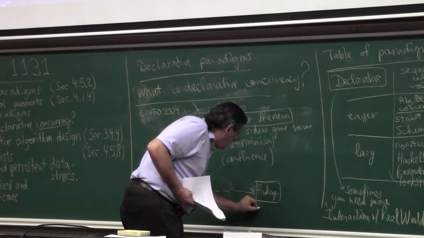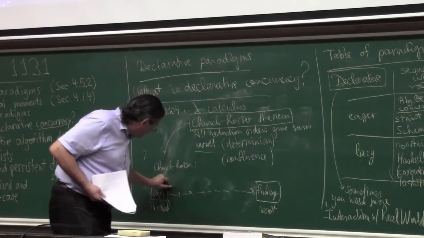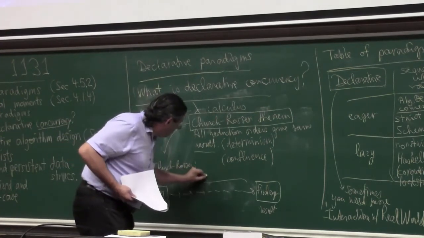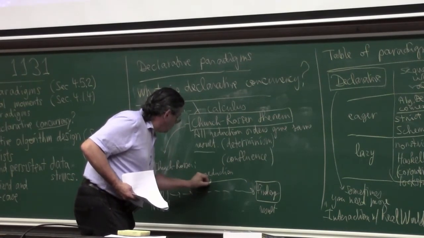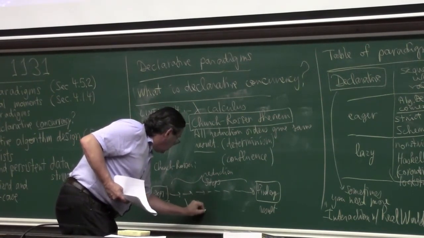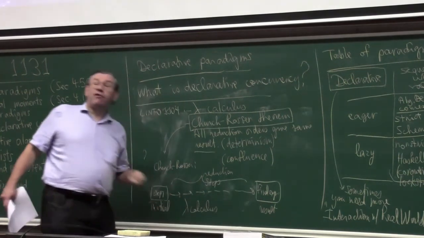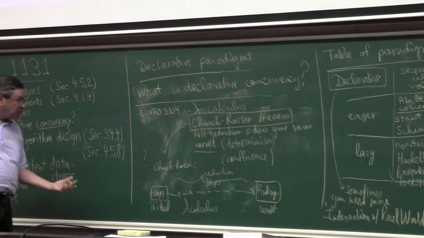And this is the result. So Church-Rosser, so here you have steps, reduction steps. And this is lambda calculus expression. So the lambda calculus only has functions. It only has function definition application.